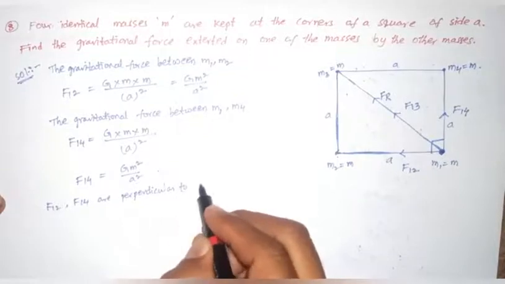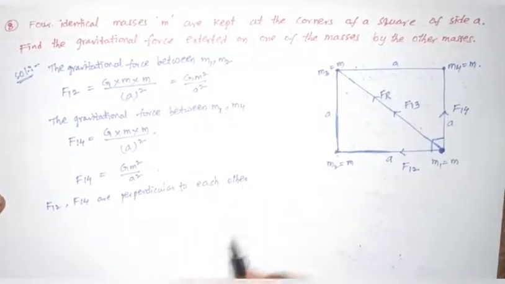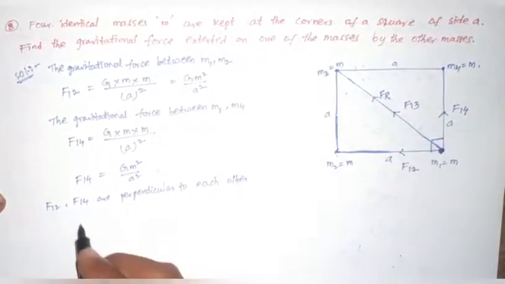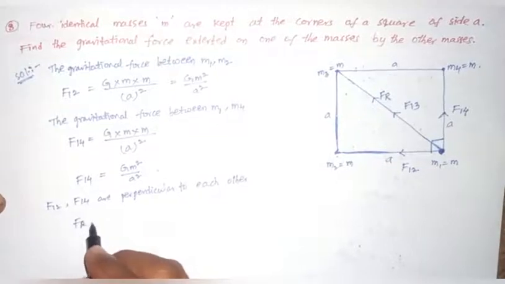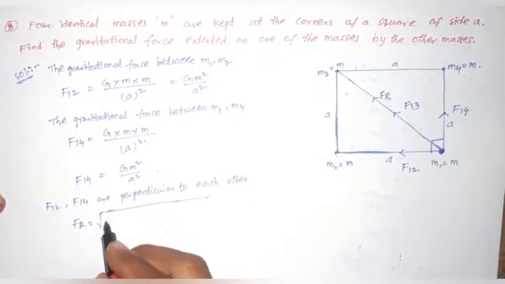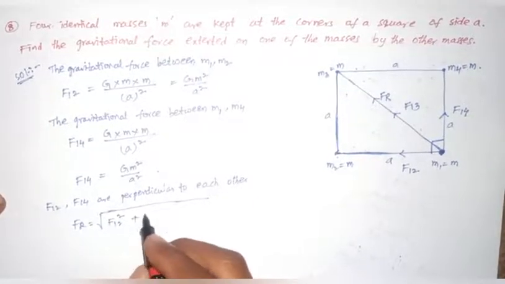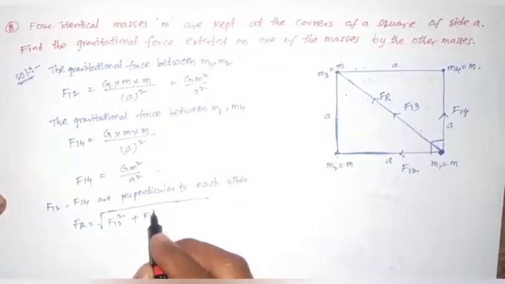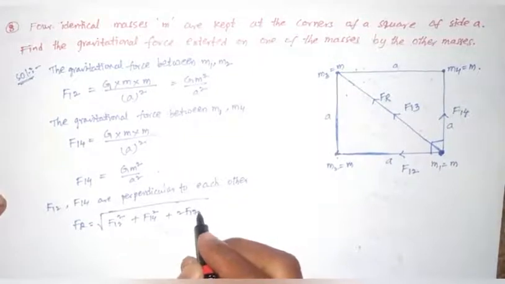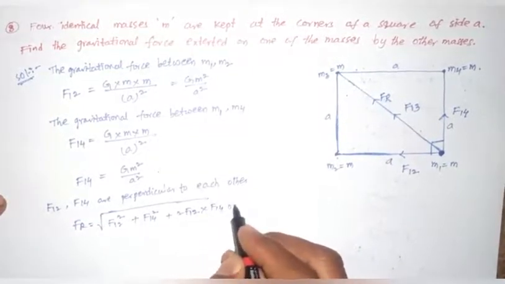From the parallelogram law, we can take the resultant force Fr equals the square root of F12 whole square plus F14 whole square plus 2 F12 F14 cos theta.